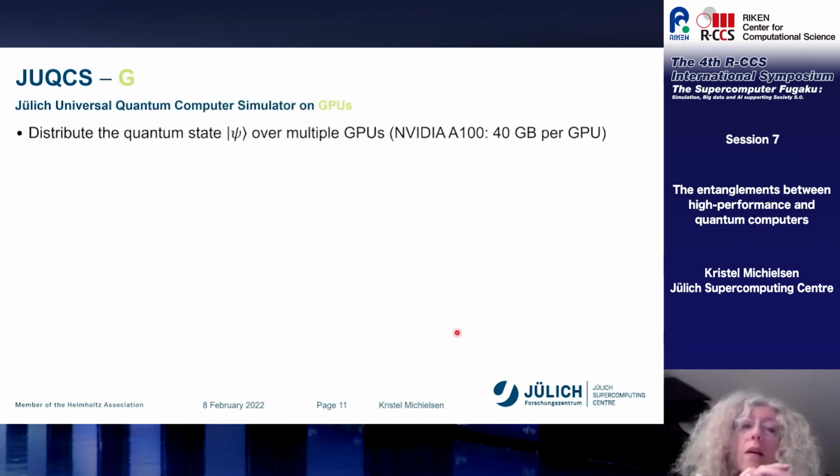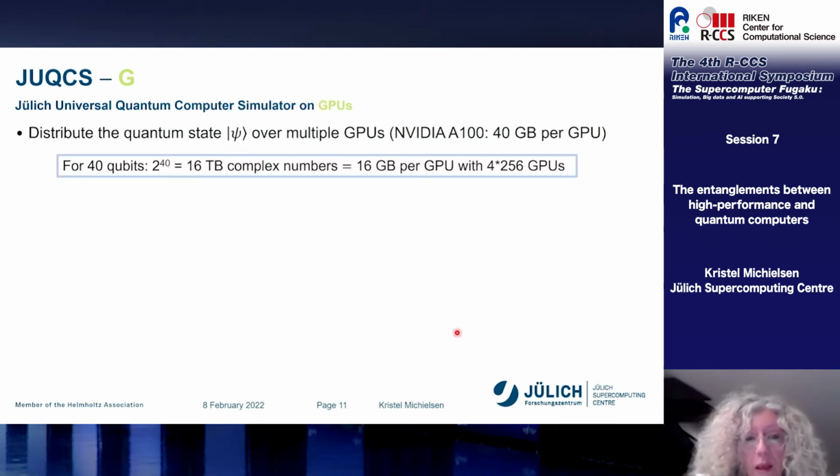Then recently we made a GPU version of chunks, the G version, and in this case we distribute the quantum state over multiple GPUs. We considered the NVIDIA A100 GPUs, which have 40 gigabytes per GPU.